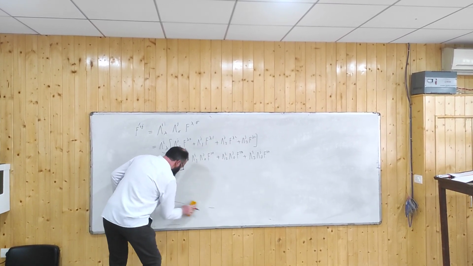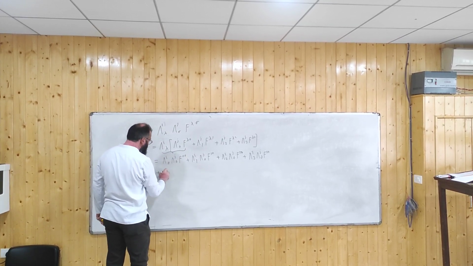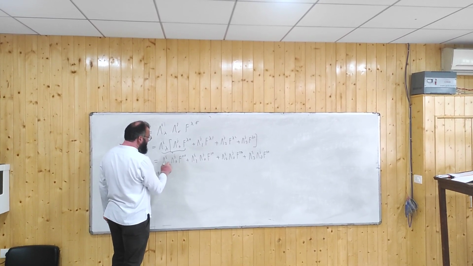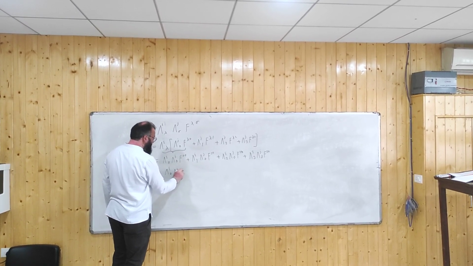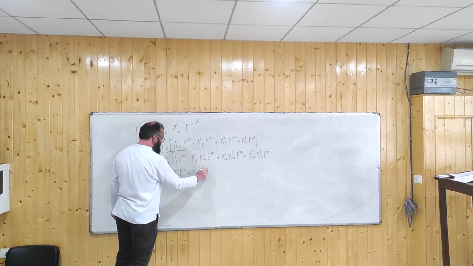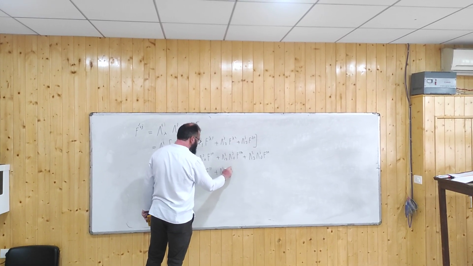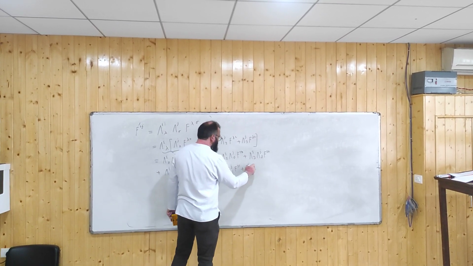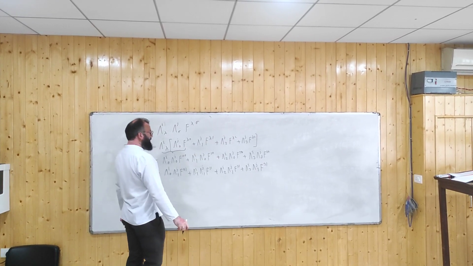Now let's do the other term. Just tell me what will be the terms: lambda i0 lambda j1 F01 plus lambda i1 lambda j1 F11 plus lambda i2 lambda j1 F21 plus lambda i3 lambda j1 F31. Clear?